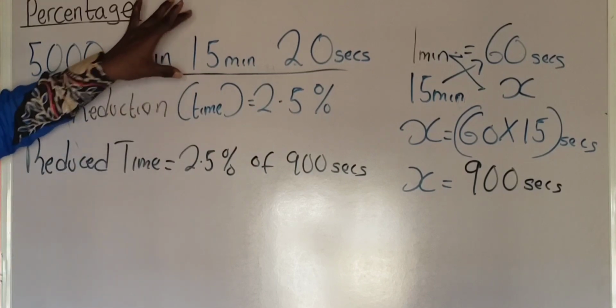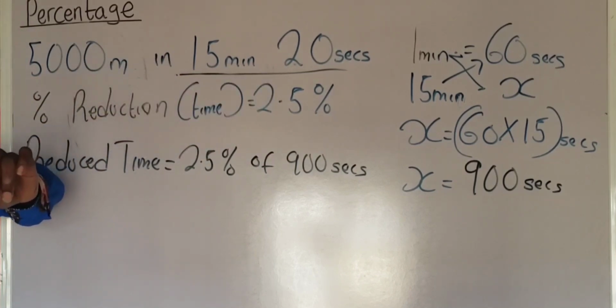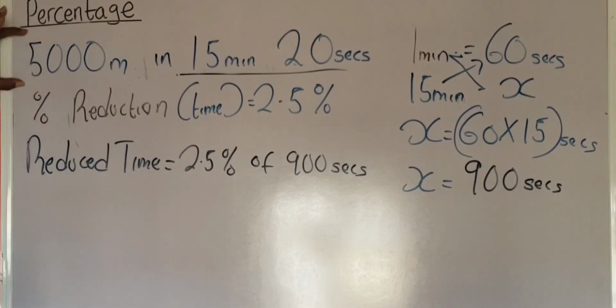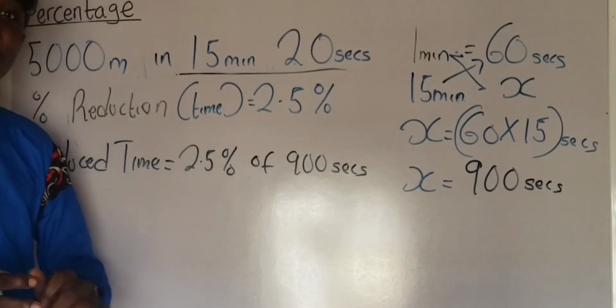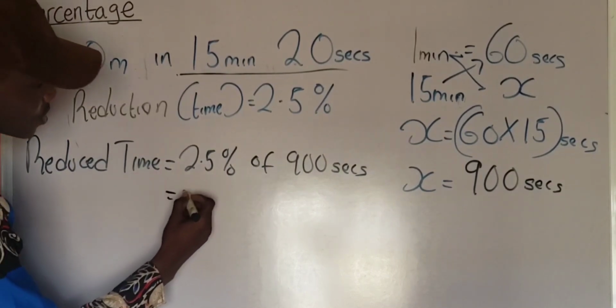So it is this time that is reduced. Are you paying attention? We cannot get the new time without knowing the actual time that it reduced. So that actual time is what I want to determine. So I want to take 2.5% of this. So 2.5% is what?